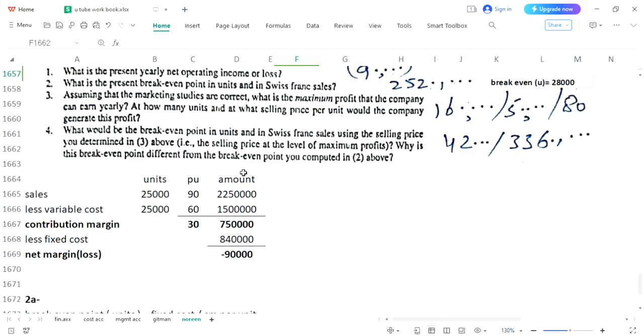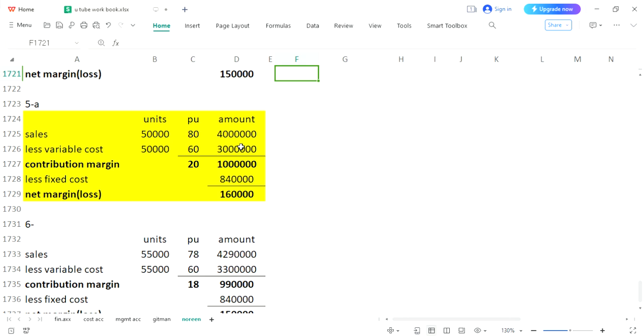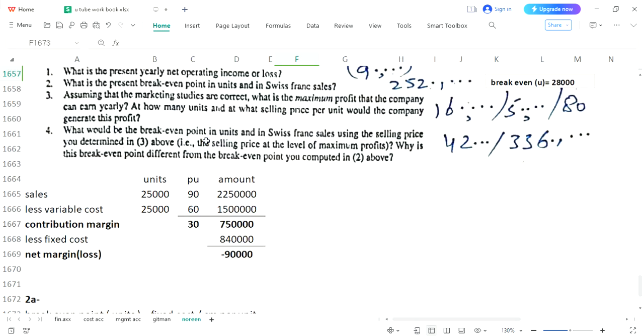Here is your answer for the third point. As you can see, 160,000, 50,000 and 80 per unit. So it means we have solved the third part of the problem where we have matched the answers as well.